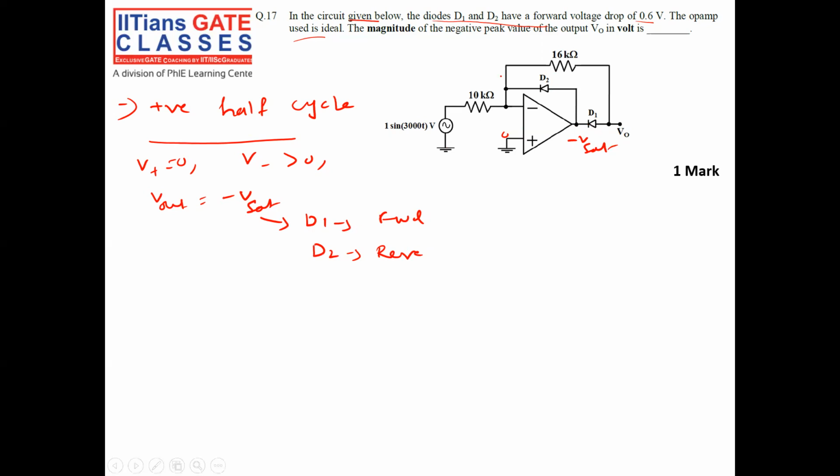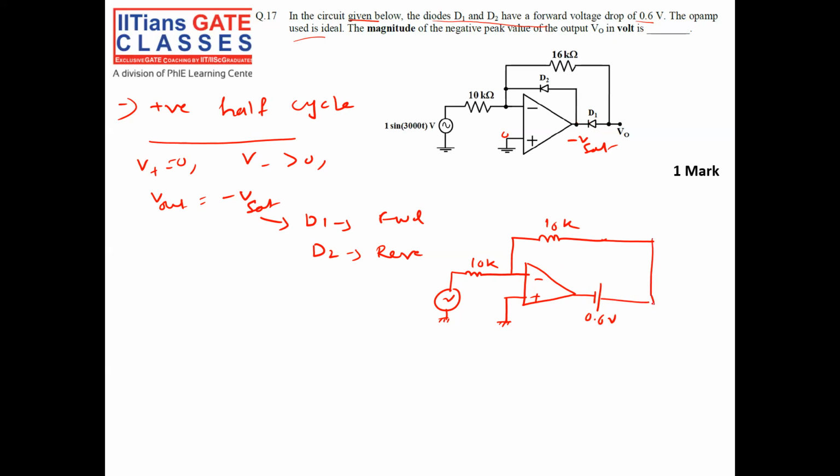Now if you build the equivalent circuit, D2 is open, there is the 16K resistor, and since D1 is forward bias, there will be a drop of 0.6 volt, positive on this side and negative on this side. Then I have my output here, V0.